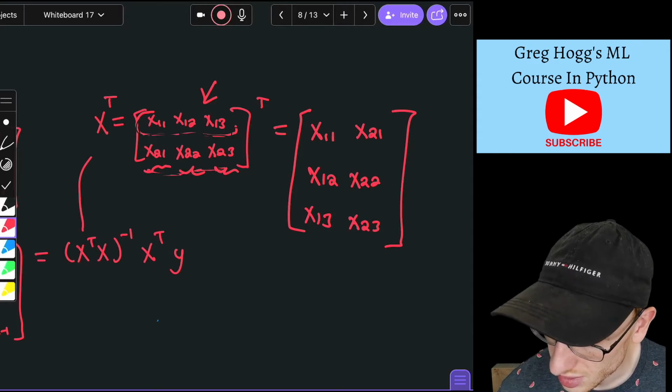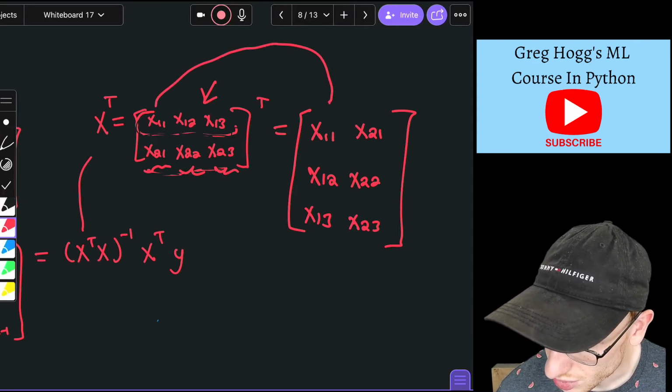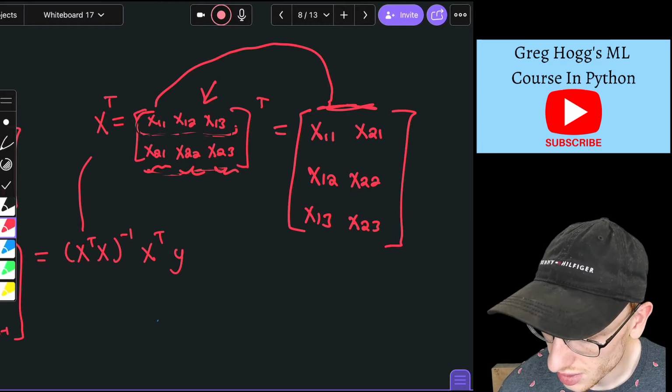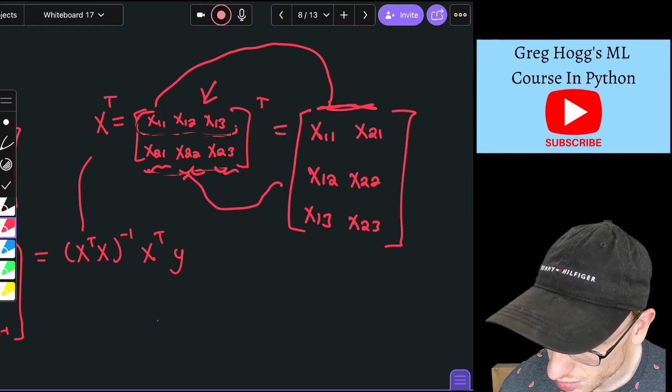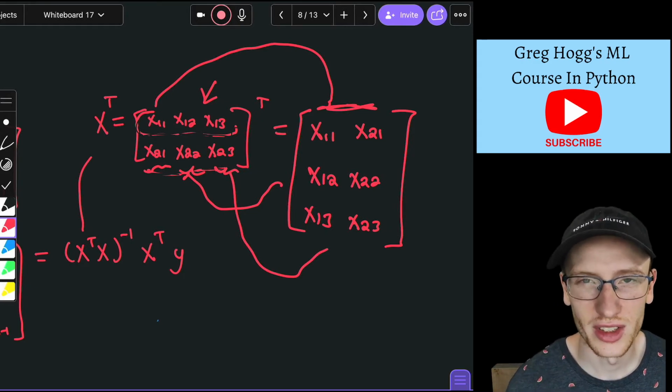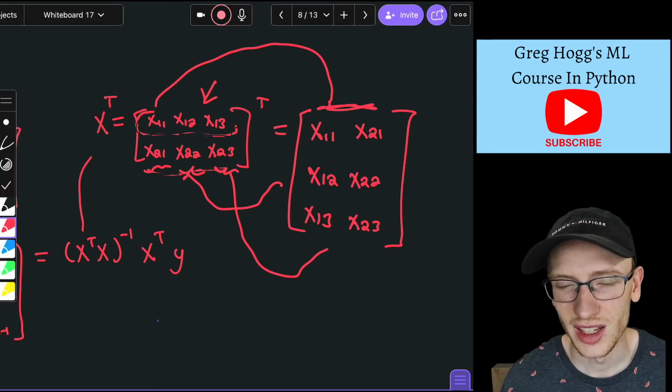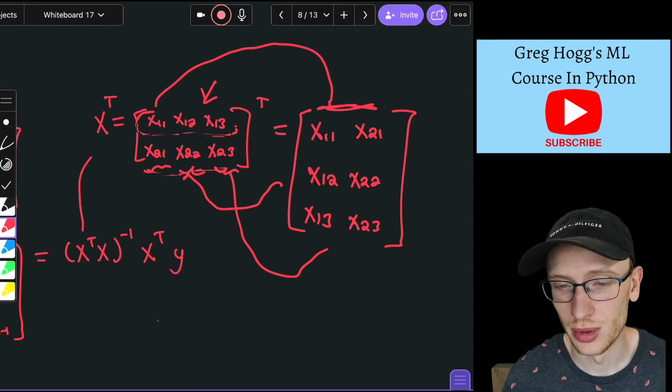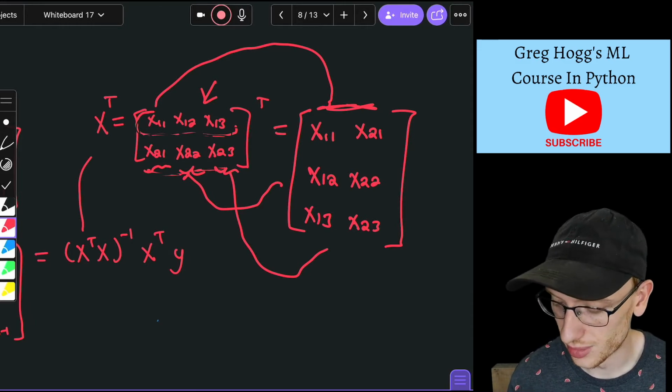And so this column turns into a row, and this column turns into a row. This column turns into a row. So it's basically the analogous thing from a vector transpose, the analogous thing for a matrix.